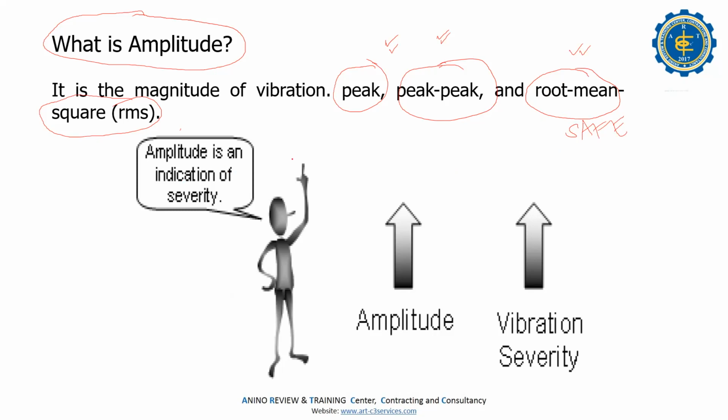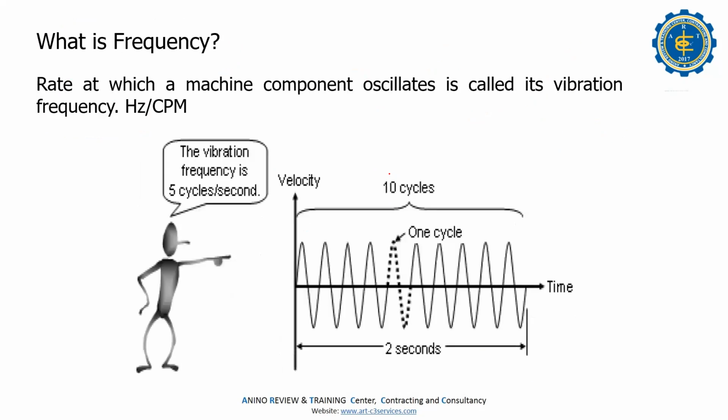So amplitude is an indication of severity. Severity means how bad it is, how worst it can be. So what is frequency?